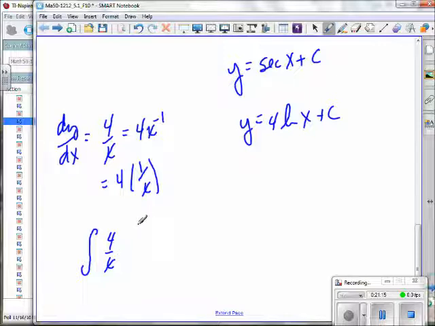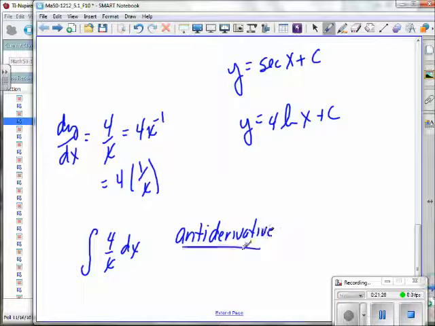Yeah, we'll use that differential x that we have in our notation. If we use this notation, this is called the antiderivative. It says find the function that yields, and this portion of it is what?